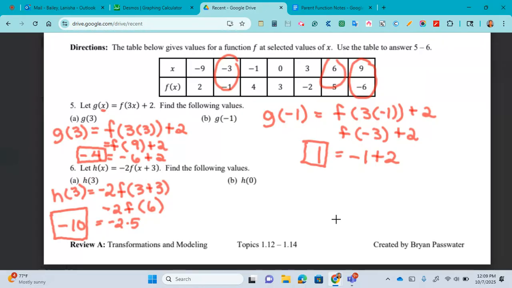All right, let's do it again. We have h of 0. We're going to replace all our x values with 0.